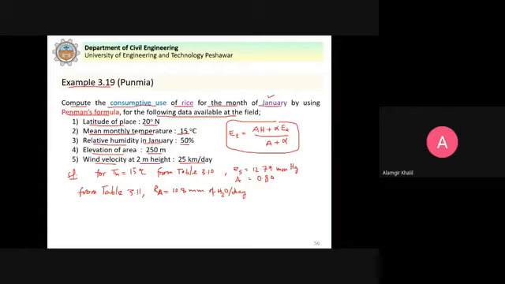This is for the latitude of 20° and in the month of January.